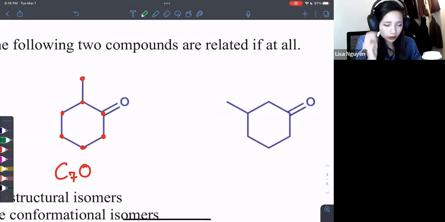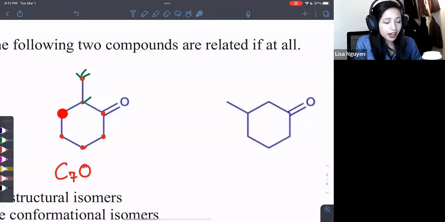So I'll just draw little tick marks. Remember, carbon always forms 4 bonds. So this carbon on the end has 3 hydrogens attached to it. Then this carbon has 1 hydrogen attached to it because it already is bonded to 3 other carbons.